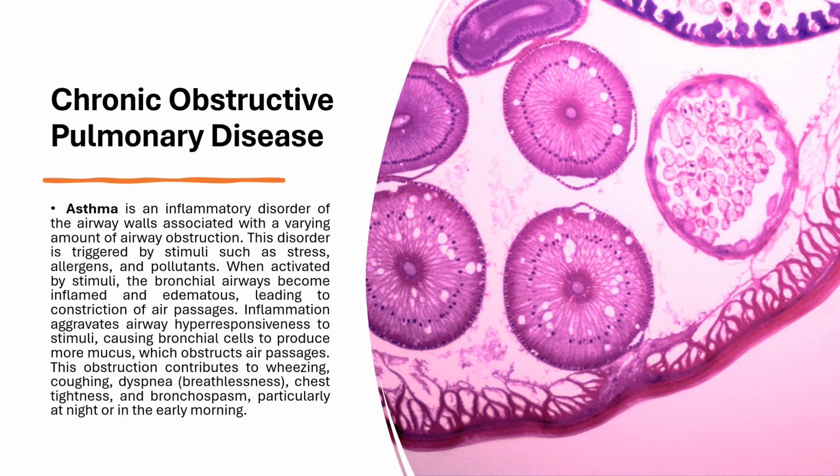Intrinsic asthma, also known as non-atopic, is caused by a non-allergic factor such as following a respiratory tract infection, exposure to cold air, changes in air humidity, or respiratory irritants.